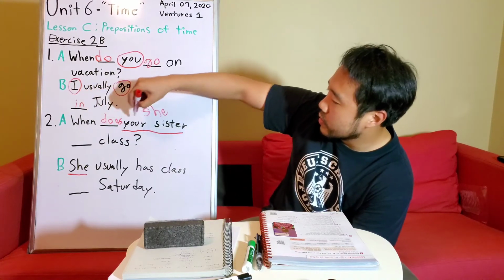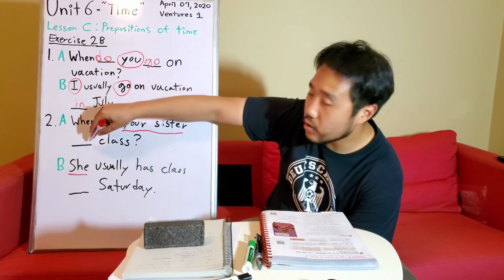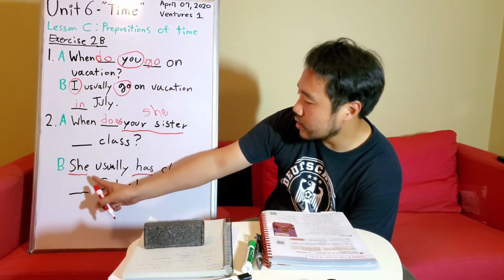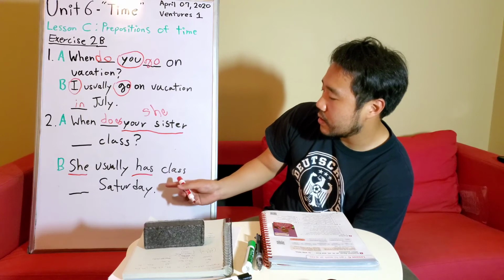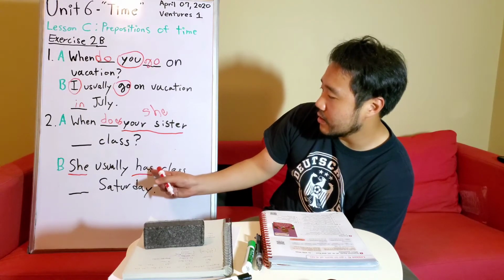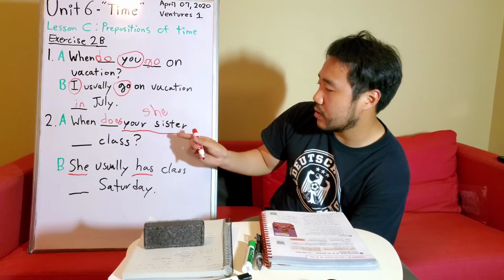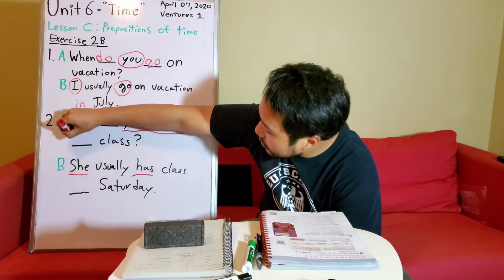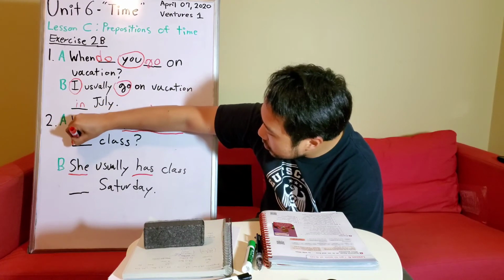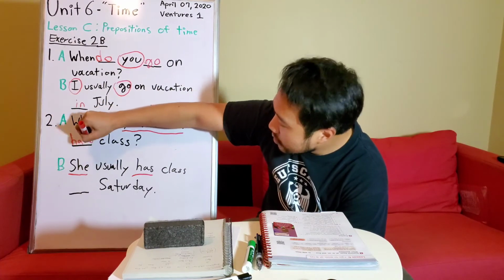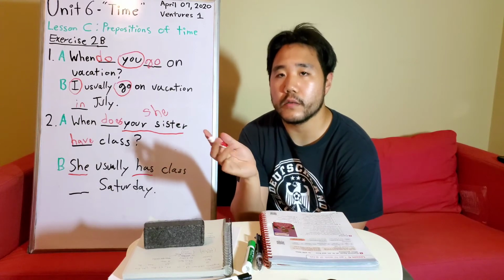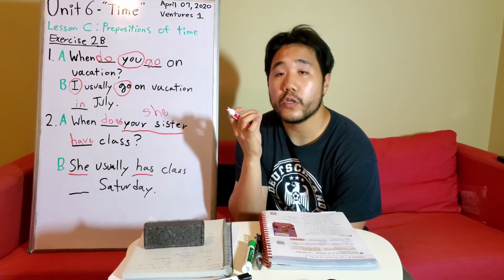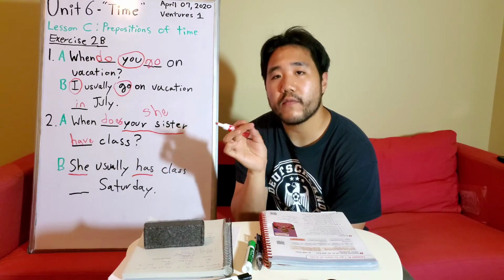So when does your sister, here we're talking about has. So she usually has class. Has is a verb. So when does your sister, is it has? No. It's have. We talked about this in a previous unit: when you ask a question, you never use has.